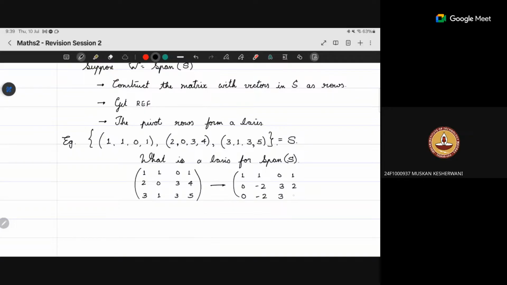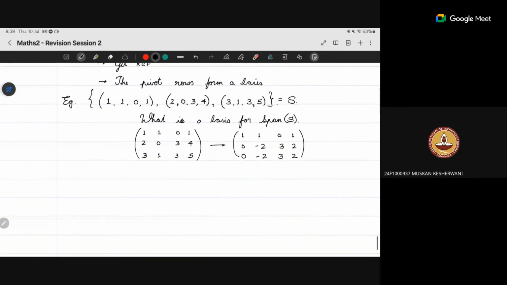And then I can do one more step, where I get 0, 1, minus 3 by 2, 1 and a zero row.